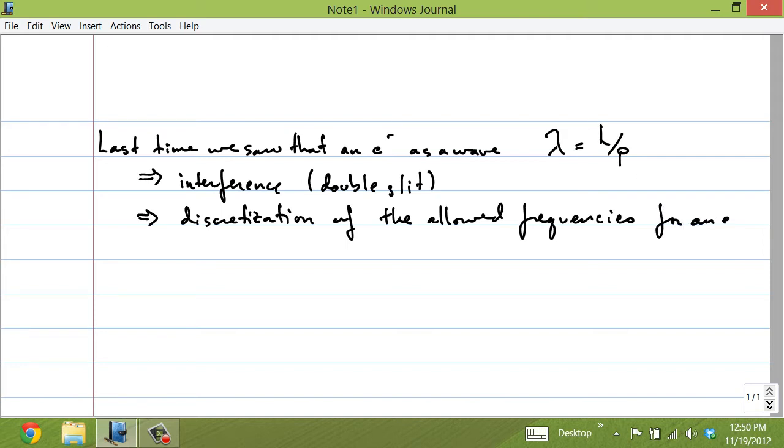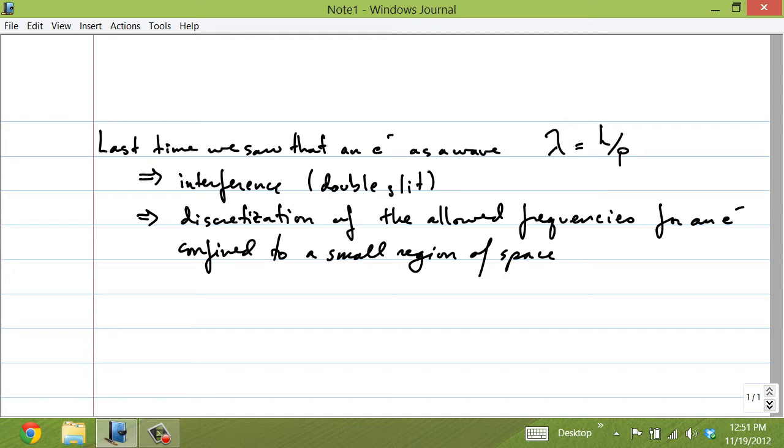So that's for an electron confined to a small region of space. In exactly the same way that if you take a guitar string that is infinite in length, you can pluck it and you will get arbitrary frequencies of waves propagating on that guitar string. But if you fix the endpoints of the guitar string, then you will only get certain allowed frequencies, the harmonics corresponding to that particular length of guitar string.